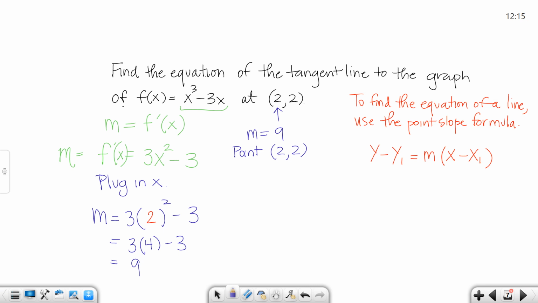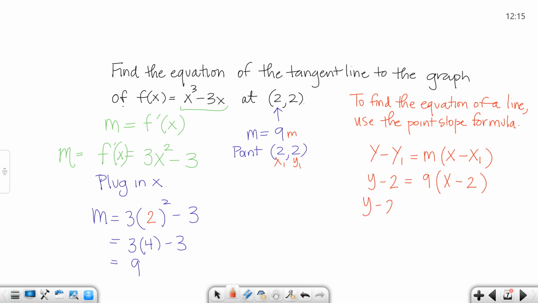I can plug those blue values into my point slope formula and I'll get my equation. Now we've already done this semester, so I'm going to go a little fast through it. So we're going to say this is x1, this is y1, and this is m. Y minus y1 equals a slope times x minus x1.